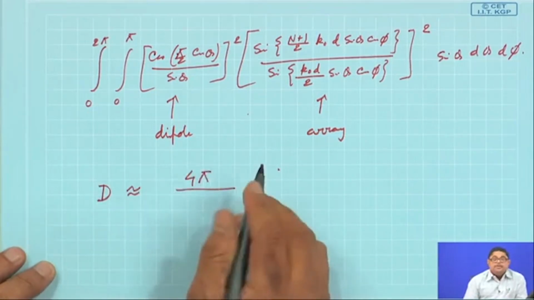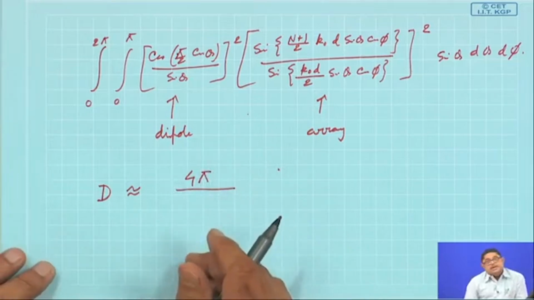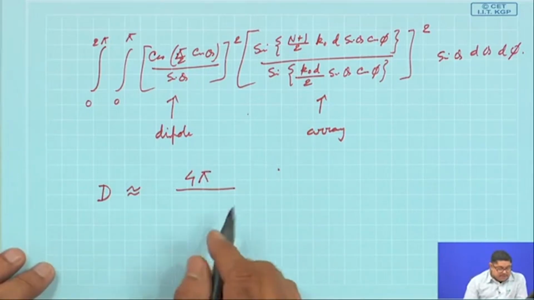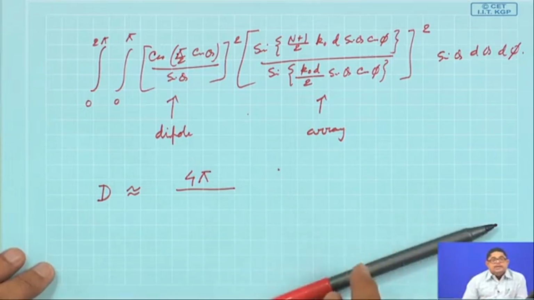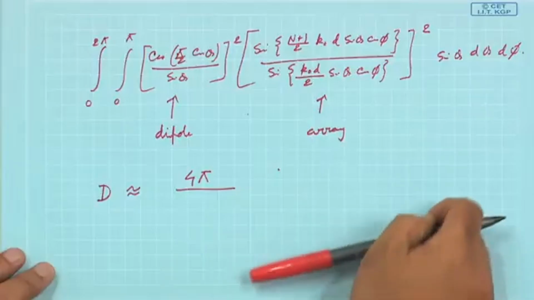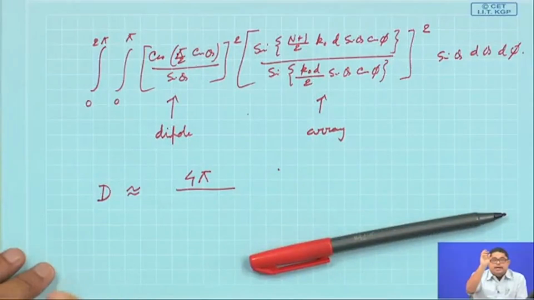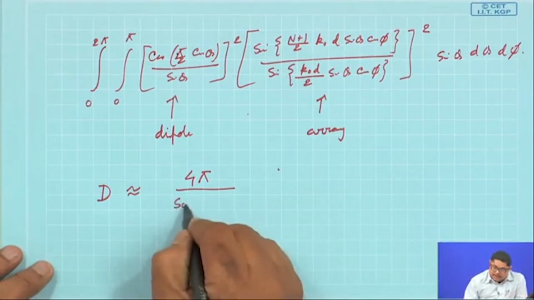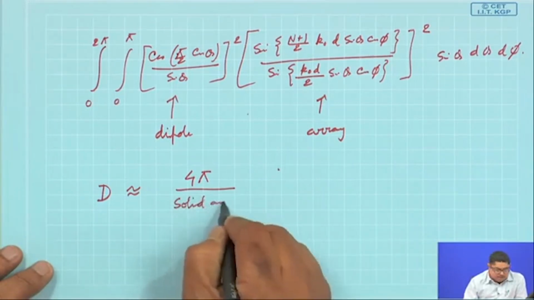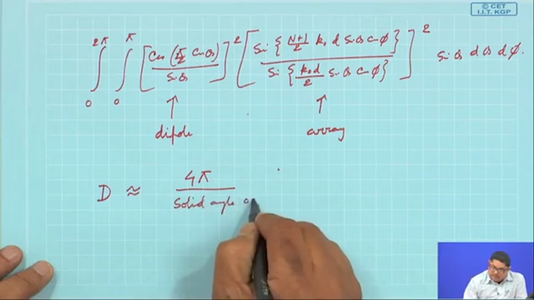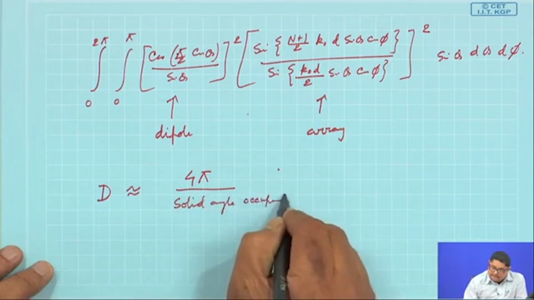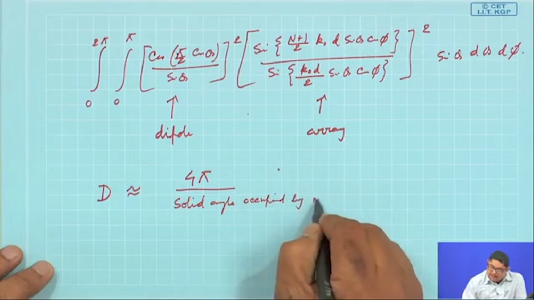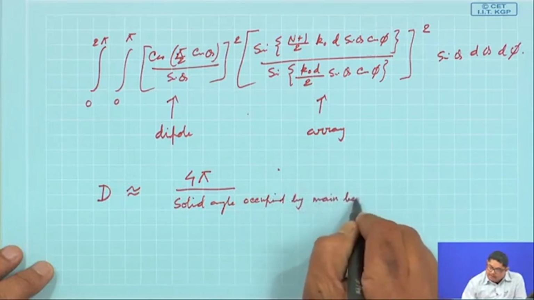If you remember the basic definition of directivity, then I can say what it is. It is 4 pi, the total solid angle for the isotropic radiator, divided by the solid angle occupied by the main beam.